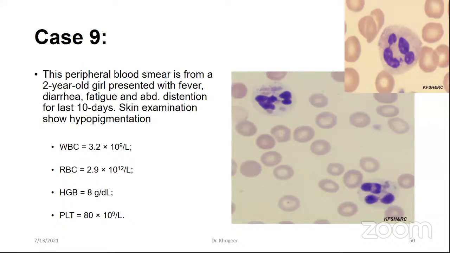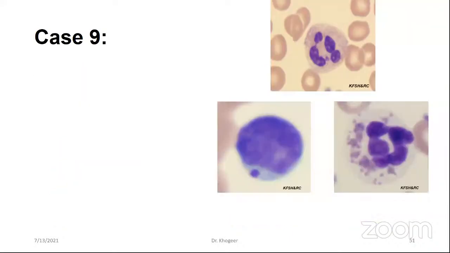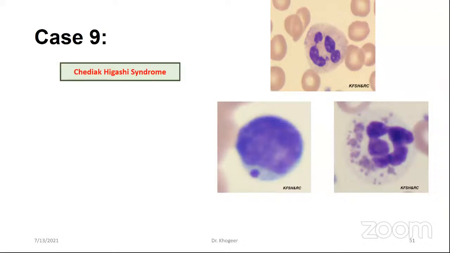True. So this is another example of the abnormal inclusion that can be observed in the lymphocytes. Yes, most of the people mention Chediak-Higashi. Yes, so this is Chediak-Higashi syndrome.